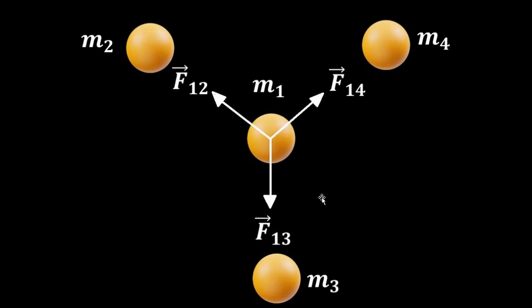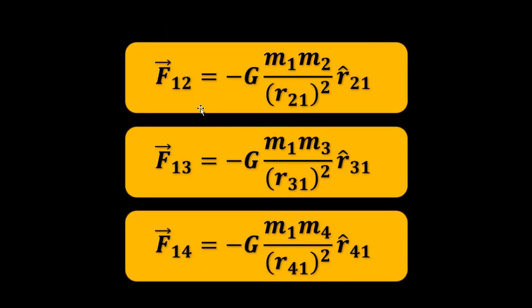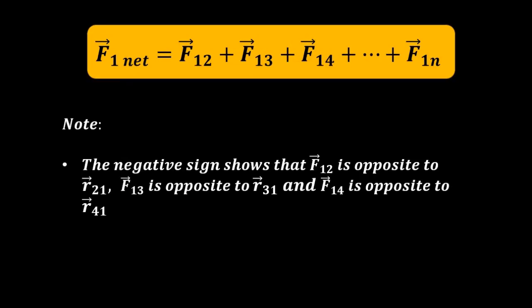The gravitational force between m1 and m3 is not affected by the presence of m2 and m4. They each constitute a pair and behave separately, independently, without being affected by the presence of other bodies. All of them are separate and then they are added together to get the total force acting on a particular mass.